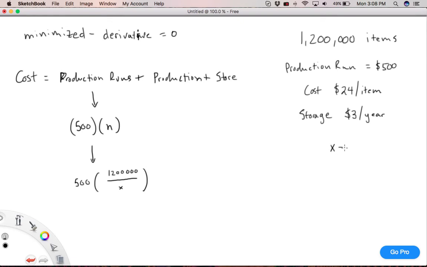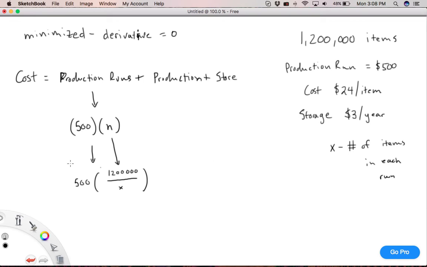And x is going to be the number of items in each run. So if we take the total number of items, 1.2 million, and divide that by the number of items each time we run a production run, that should tell us how many production runs we're going to have to do altogether. So that's how we came up with 1.2 million divided by x.